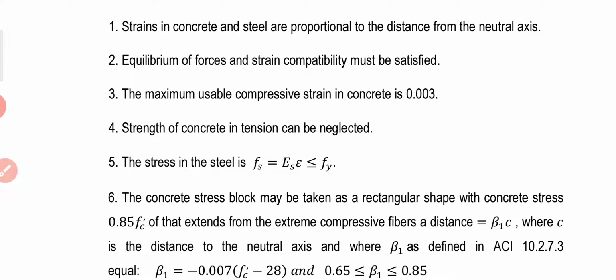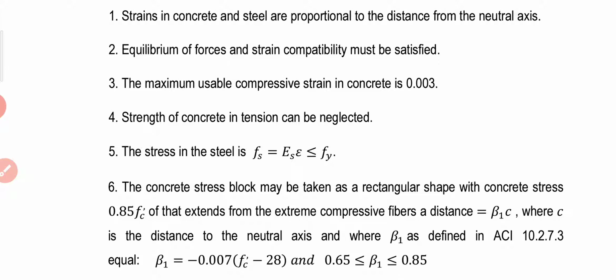The concrete stress block may be taken as rectangular with concrete stress 0.85 fc dash, extended from the extreme compression fiber at a distance equal to beta 1 c, where c is the distance from the neutral axis, and beta 1 is defined as in the Indian Standard Code, beta 1 equal to 0.85 minus 0.05 times (fc dash minus 28) divided by 7, and beta 1 varies between 0.65 and 0.85.